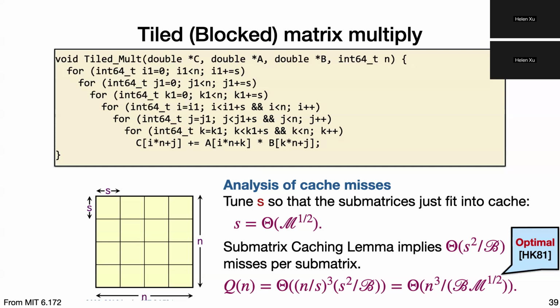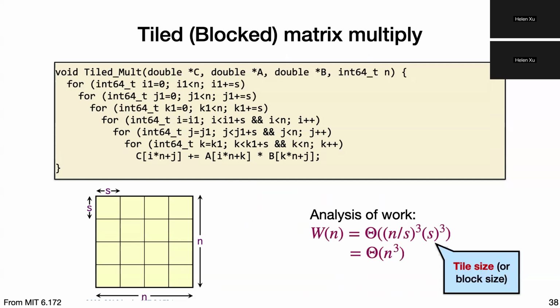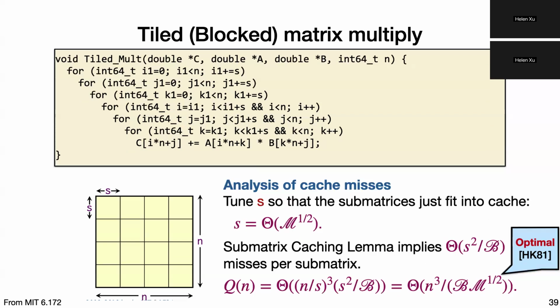So we look at the outer 3 ones, and that is (n/s)^3 there. And if you look at the inner 3 ones, that's s cubed in the work. So that's where this s cubed in the work came from, because it's like S, S, S. And then now we're analyzing the cache misses of these inner 3 loops. But the outer 3 ones stay the same. Good question. Thank you.